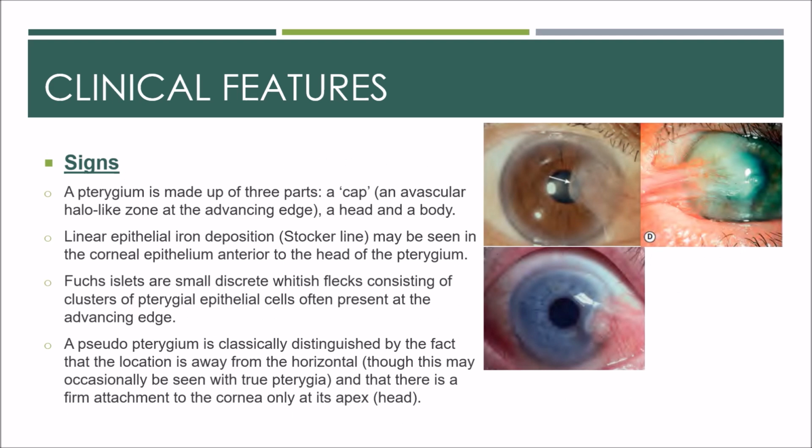On examination, a pterygium is made up of three parts: a cap, which is an avascular halo-like zone at the advancing edge, a head, and a body. As it is seen in the figure here, this is the avascular edge.